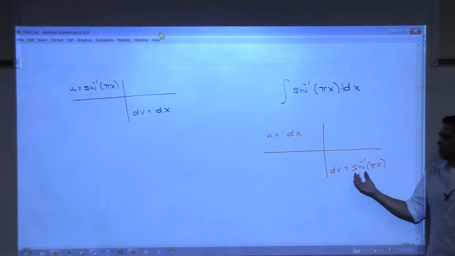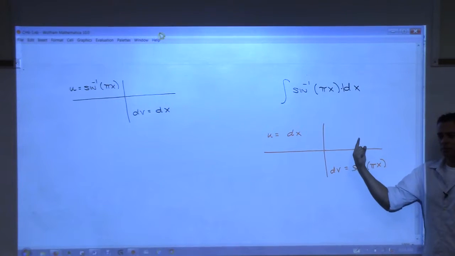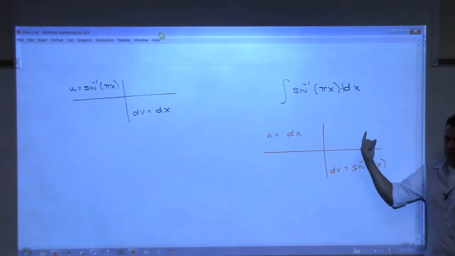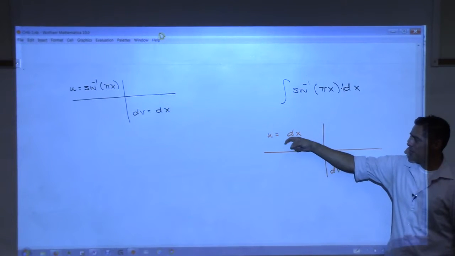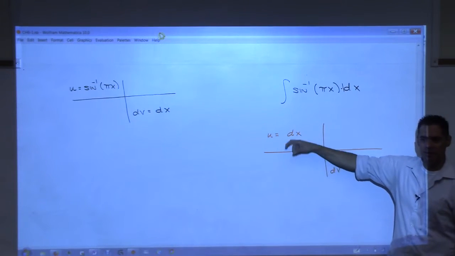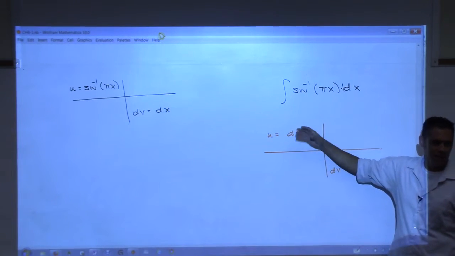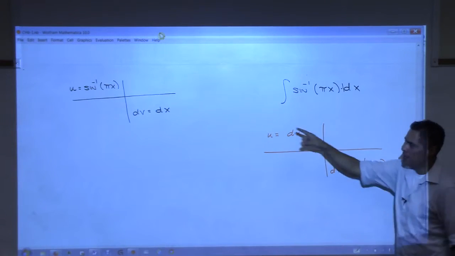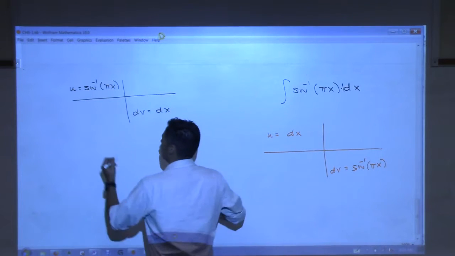Because in the table, don't you have to go up from here? And you don't know the antiderivative of that. That's the original problem. You're never going to be able to go like this. And here, you're taking the derivative of the derivative, so you'll have second derivatives. Do you see it just doesn't naturally fit this way? But here it does.